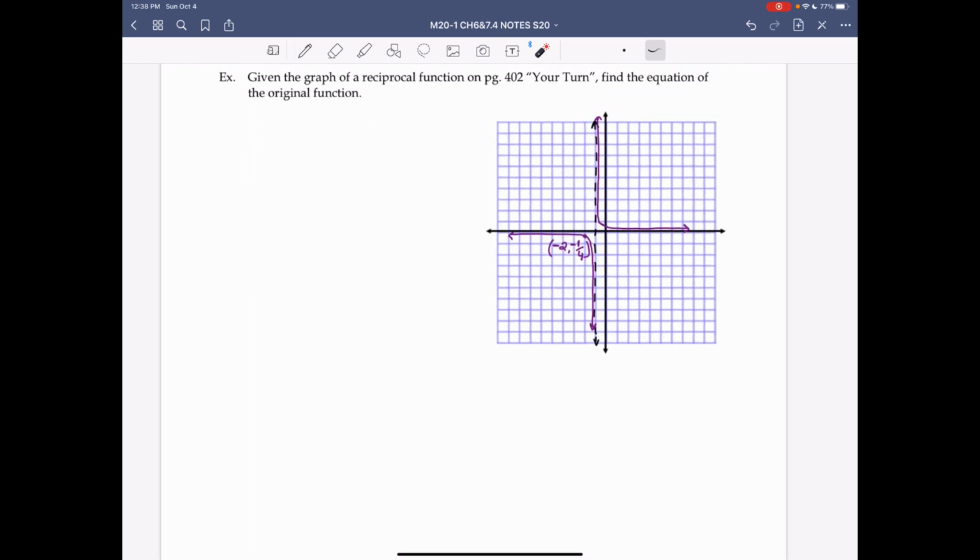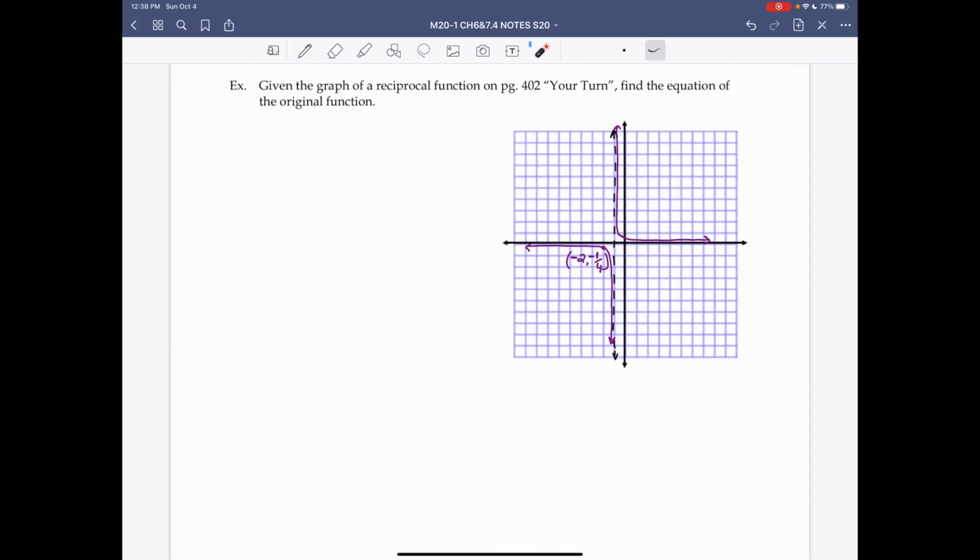So we should expect that our function f of x will be a linear function, and we're given a point that is on this reciprocal function. We also can see that our vertical asymptote is at x equals -1.